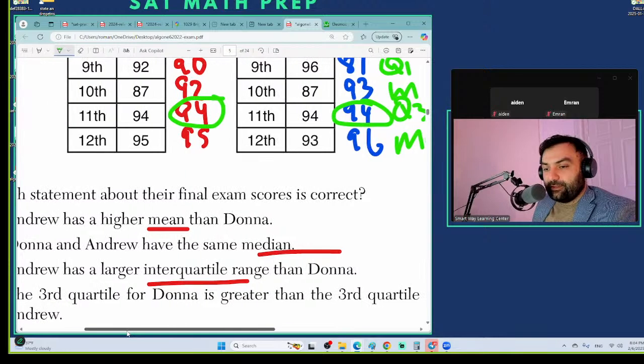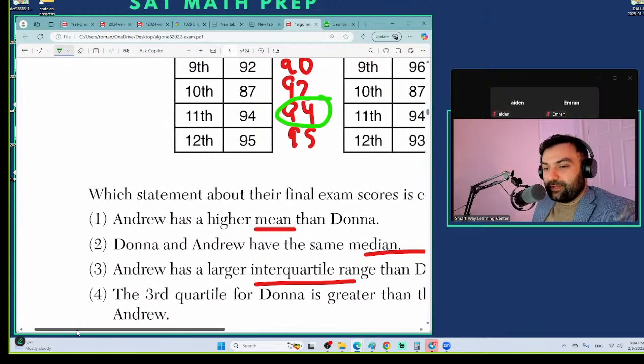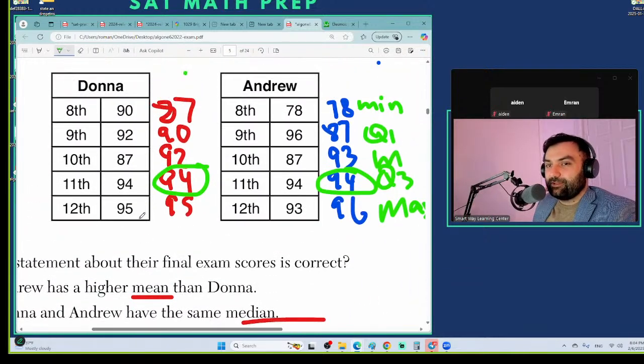So for the interquartile range, Andrew has the largest. Andrew has 94 minus 87. That's the interquartile range, Q3 minus Q1, which is 7. And 94 minus 90 for Donna's case is 4.